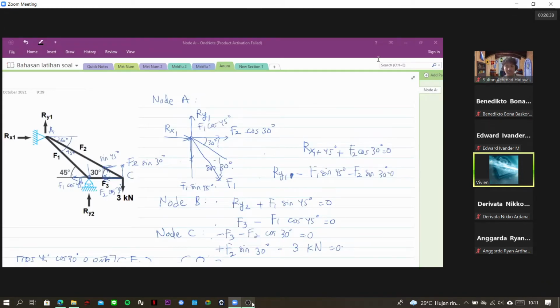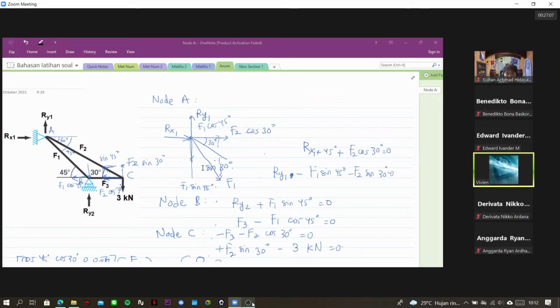So we will see here that this is the calculation. You can see it already on the screen. This is the calculation for the free body diagram. We have to make the calculation for each of the nodes. For the first node here, we want to get the value of Rx1 and Ry1, also finding the components of F1 and F2.